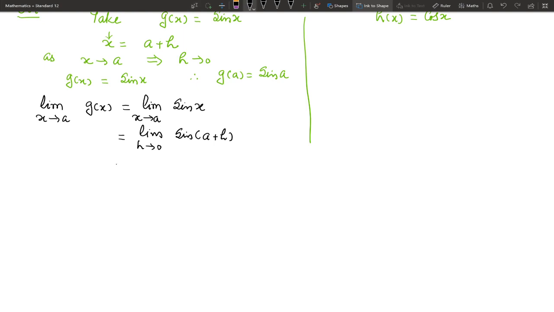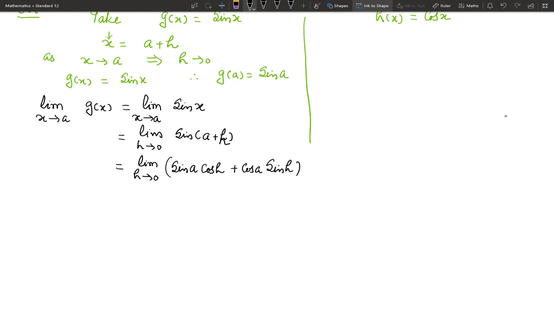Now we use the formula of limit h tends to 0 of sin a cos h plus cos a sin h, using the formula of sin of alpha plus beta. Its expansion is sin a cos h plus cos a sin h.